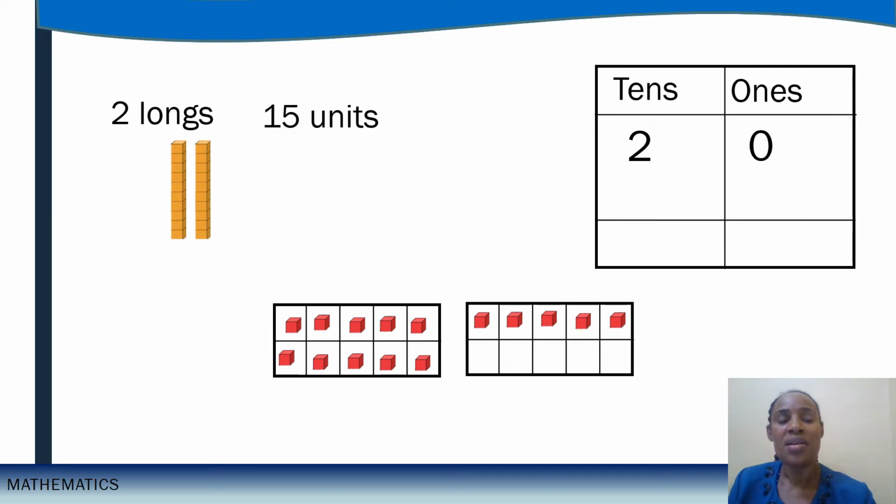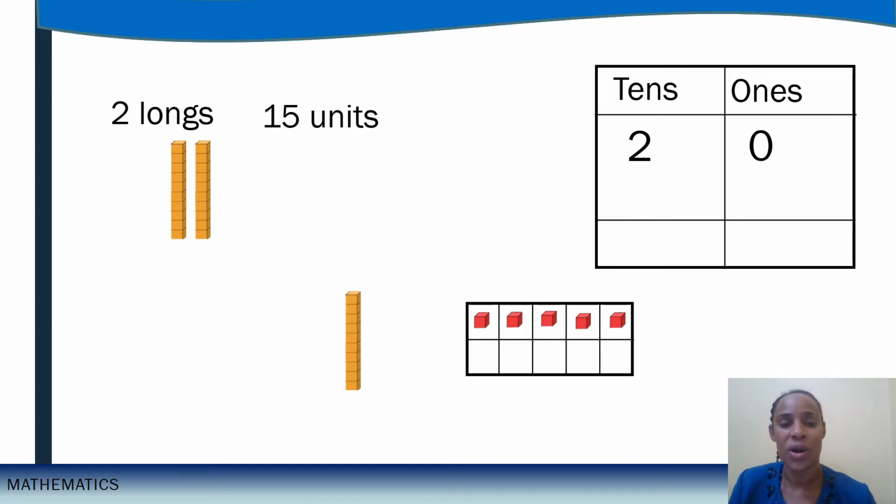This one group of 10 on our 10 frame can be renamed as 1 long. So we are going to rename the 10 ones, or the 10 units, on our 10 frame as 1 long. And there we have it.